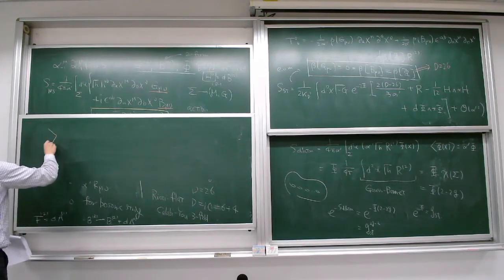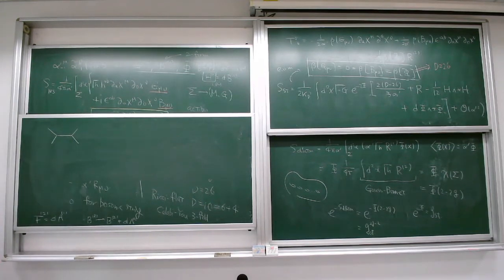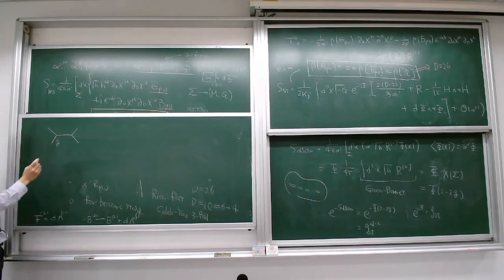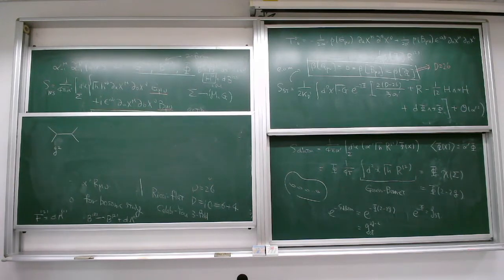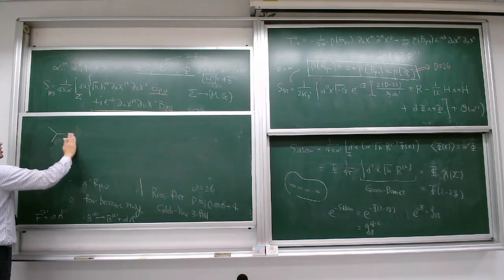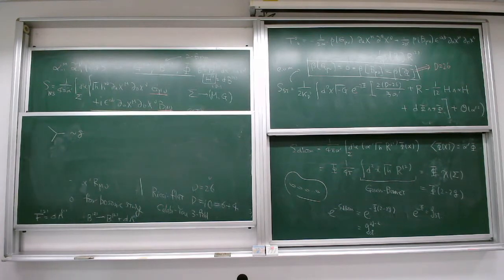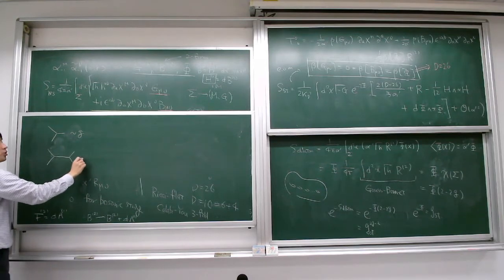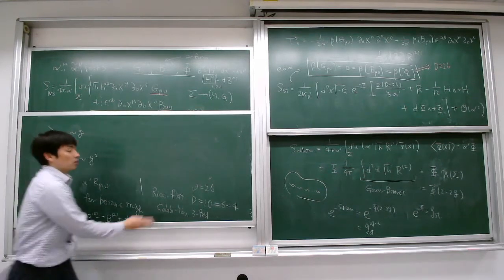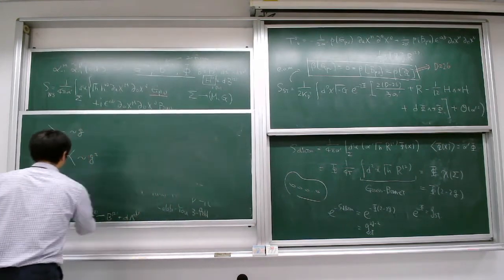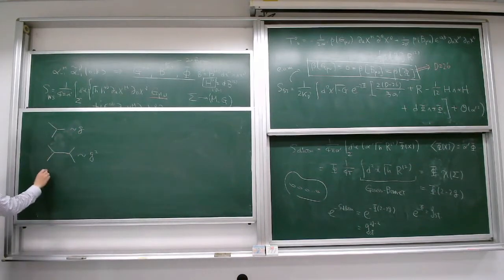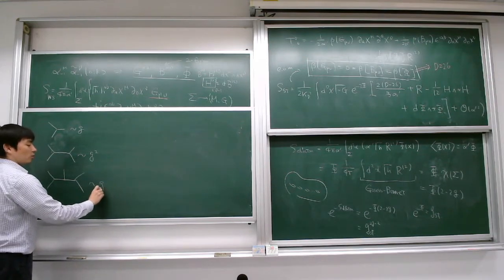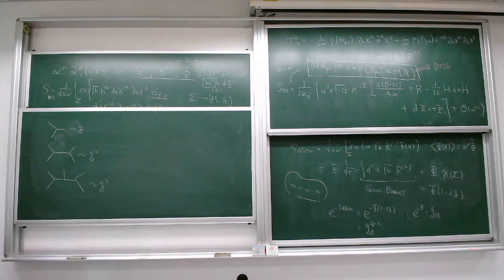For instance, if you consider the 4-point amplitude, you always have g squared, a coupling constant coming from each vertex, right? So if you consider the 4-point function, it should be g squared, and in the same way we can have another diagram. This is again g to the cube.